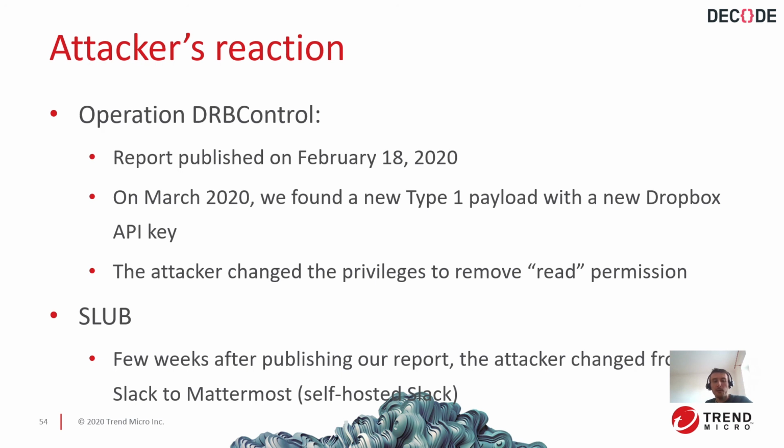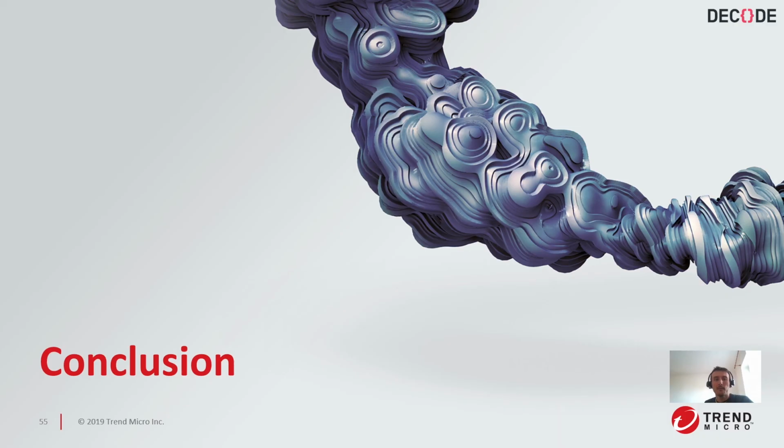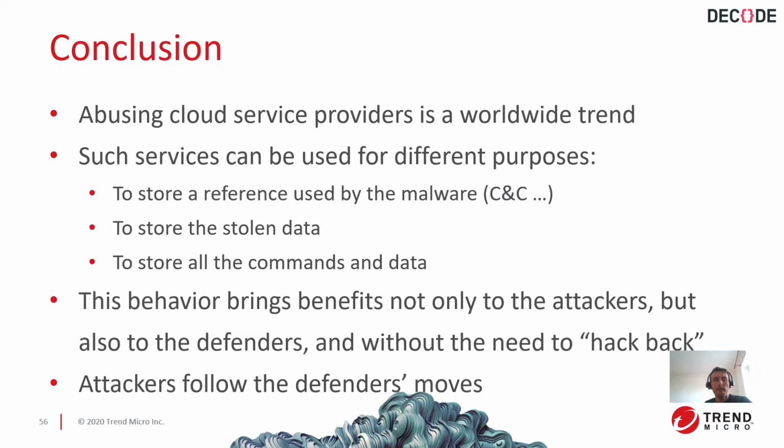Therefore, SLUB, a few weeks after publishing our report, the attacker changed from Slack to Mattermost, which is a similar but self-hosted Slack alternative. So they had no more problem with disabling Slack tokens.